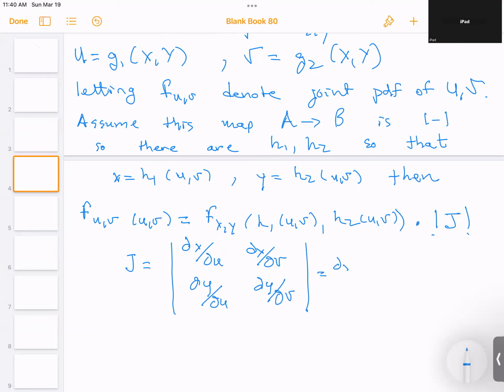Remember, the determinant is just dx/du times dy/dv, minus dx/dv times dy/du.